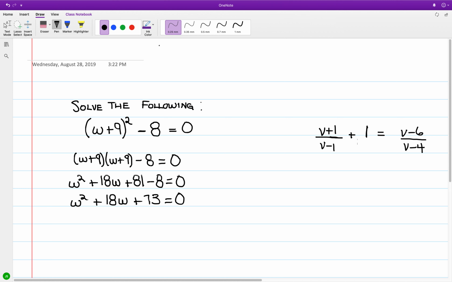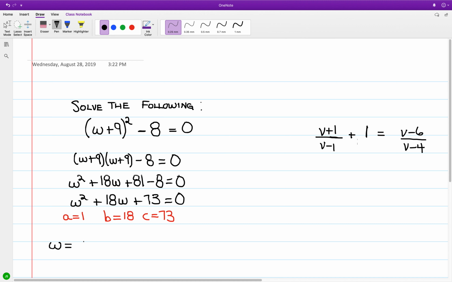Here we have a trinomial that we cannot factor into integer coefficients, so we can utilize the quadratic formula. We have a at 1, b at 18, and c at 73. While we are not using the letter x, we can still apply the quadratic formula for the variable w.